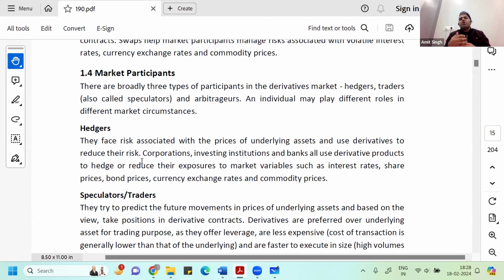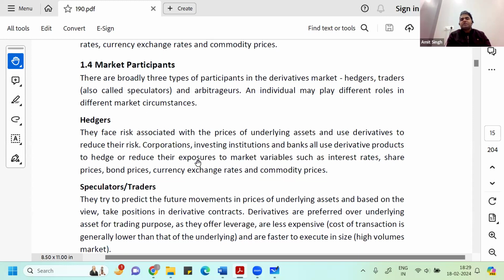The person who takes a long position in derivative instruments is called a long hedger, while the person who takes a short position to hedge their risk is called a short hedger. Corporations, investing institutions, and banks all use derivative products to hedge or reduce their exposure to market variables such as interest rate, share market price, bond price, currency, and commodity.